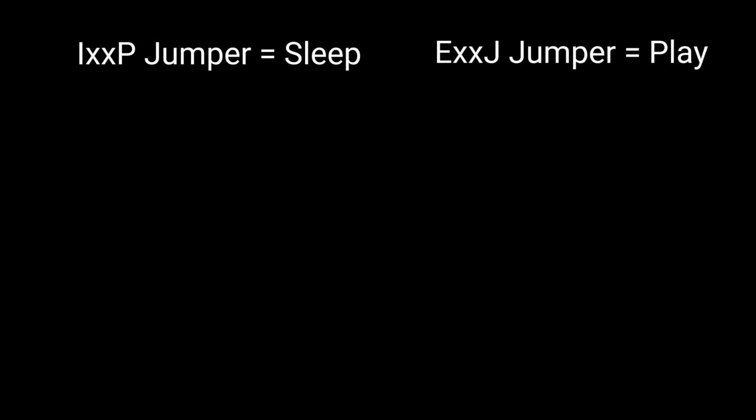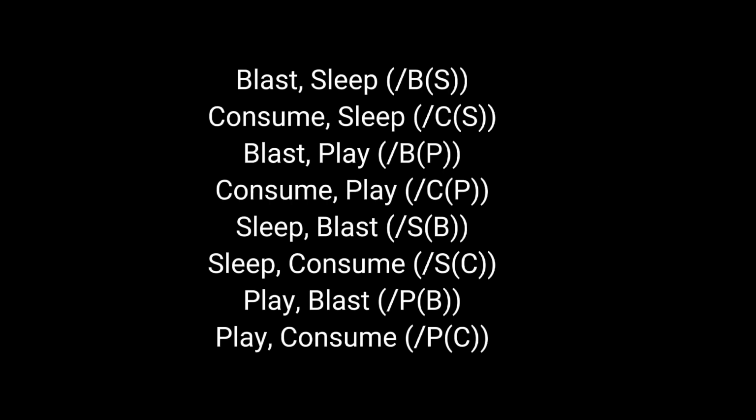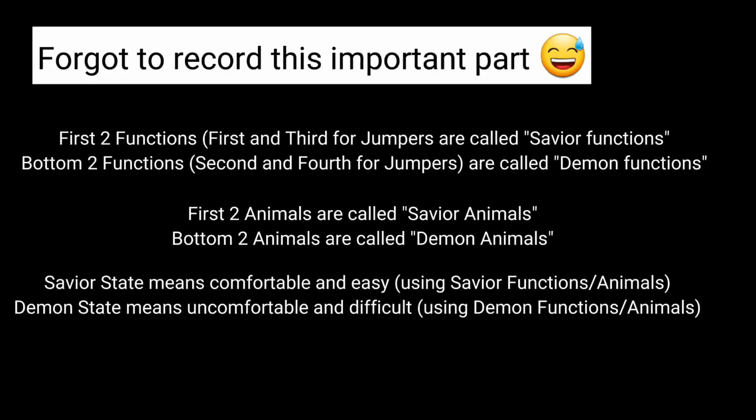You have to have in your first two animals one info and one energy animal. Here's a list of the possible combinations. In a similar fashion, your last two animals have to be one energy and one info animal. If blast and consume are in the top three animals, that's called info dominant.